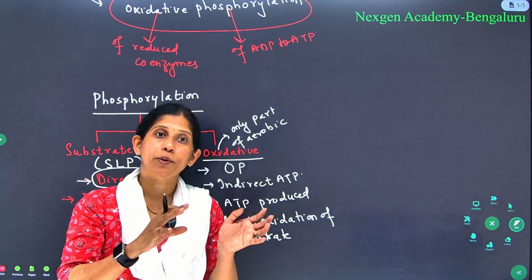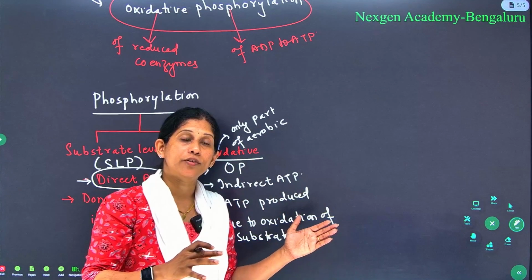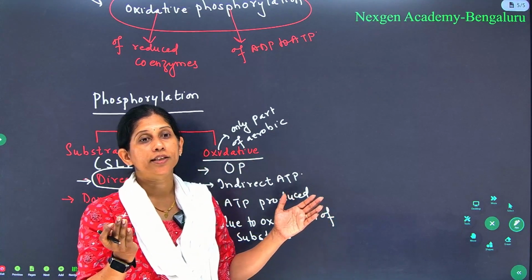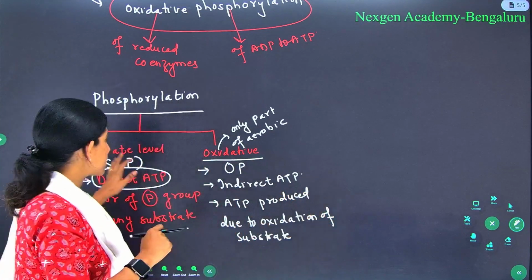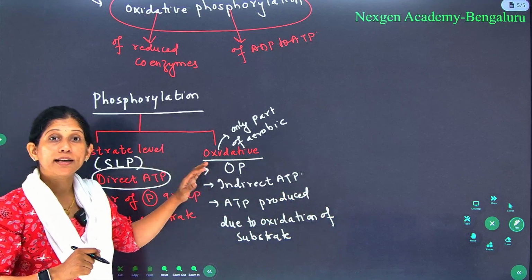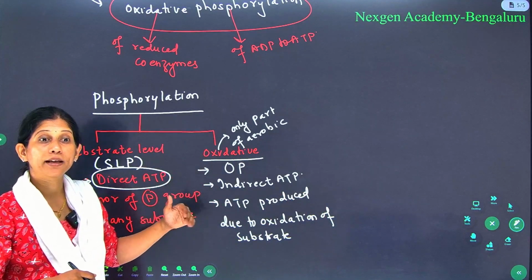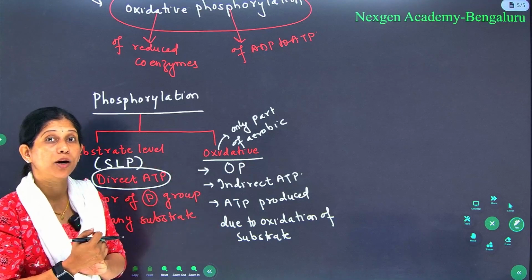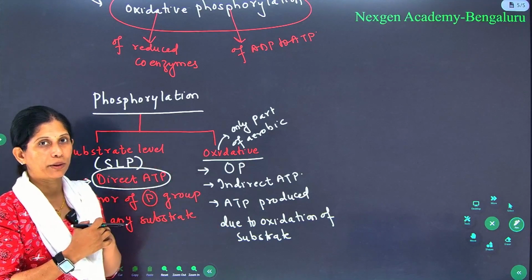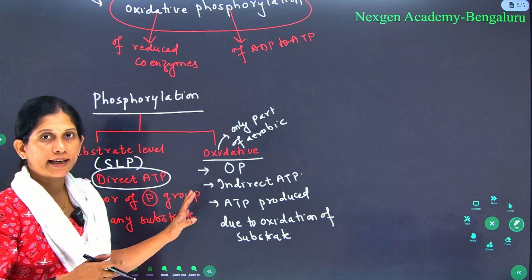Based on the process, it can be photophosphorylation or oxidative phosphorylation. So this is a general idea of what exactly is happening during the electron transport system that is helping in the generation of so many molecules of ATP, right?